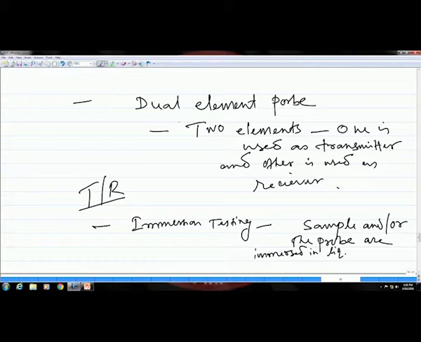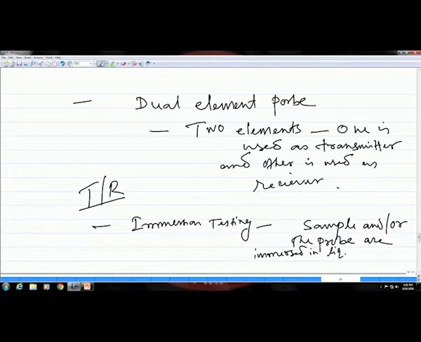The other two methods by which this dead zone can be taken care of are these. One is using a dual element probe which has two elements. One element is used as the transmitter and the other one is used as the receiver. Since you have a second element which is only used as a receiver, you do not have any dead zone problem in this case.